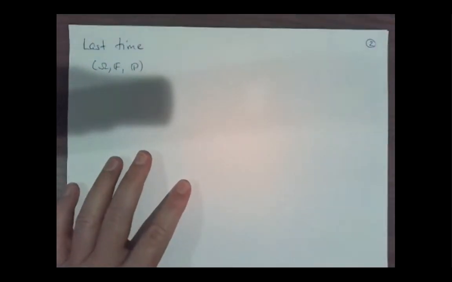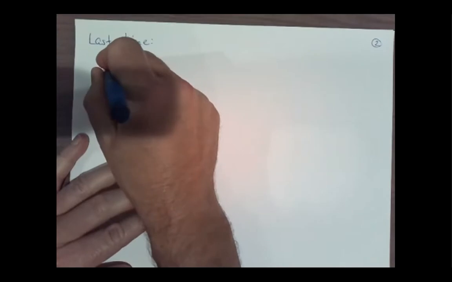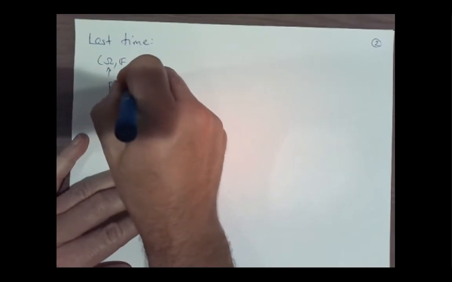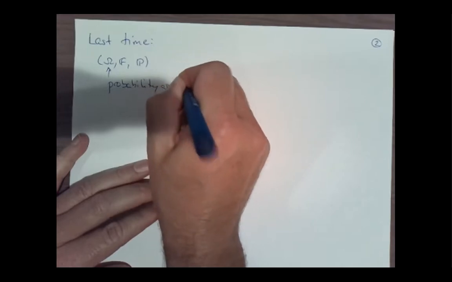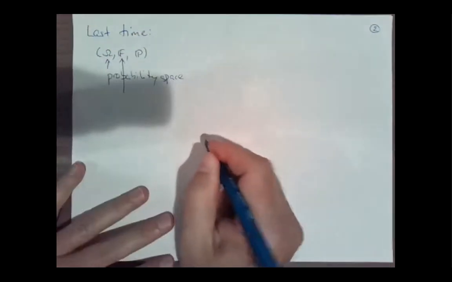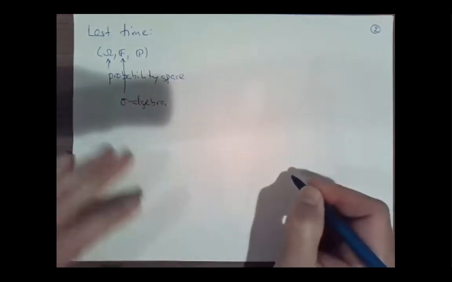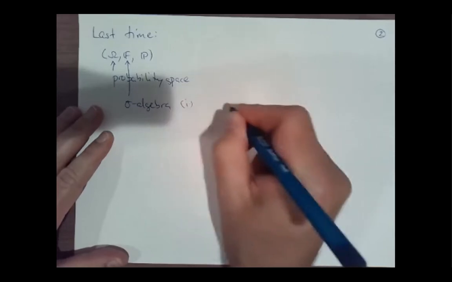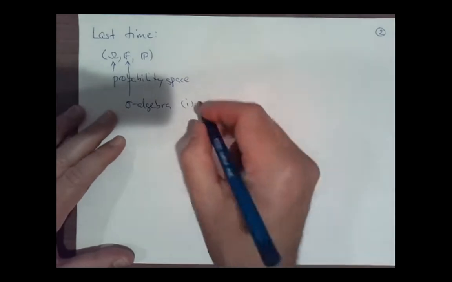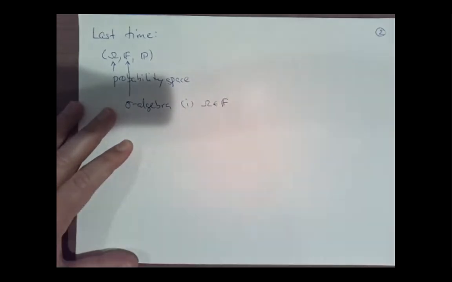Last time we were interested in this. This here is our probability space. This one here is our sigma algebra. Remember what that means, those 3 properties. Here's a system of subsets of omega. The first property was that the whole space must be an element in there.